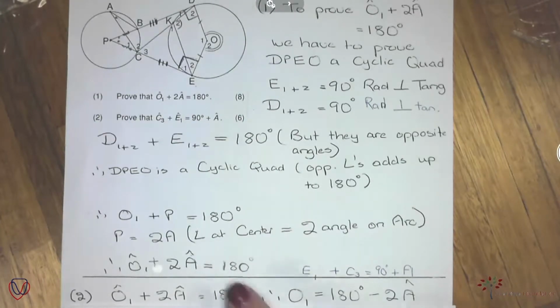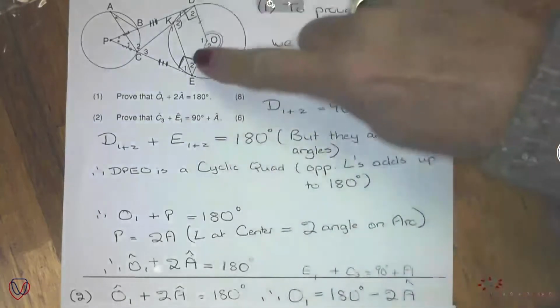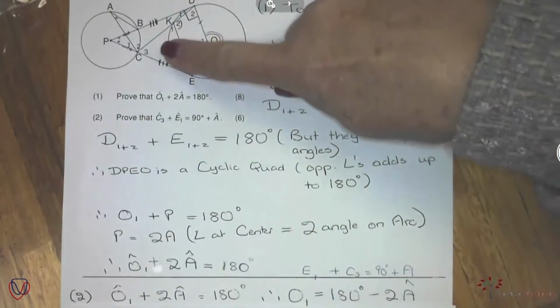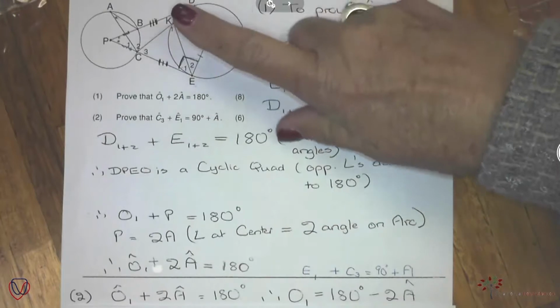So we must use that knowledge. We want to come back to 2A or to A again. E1 plus C3 should be 90 plus A.